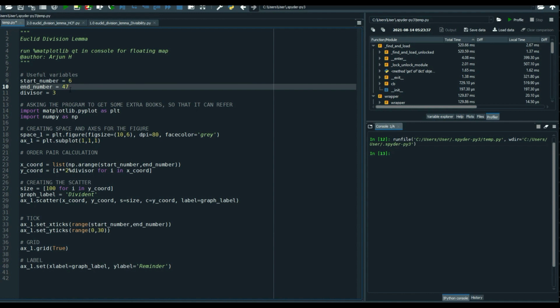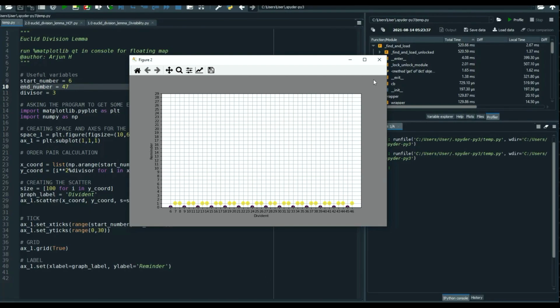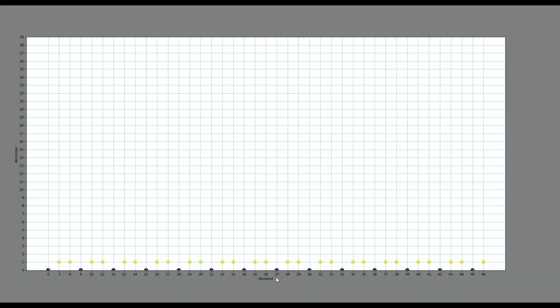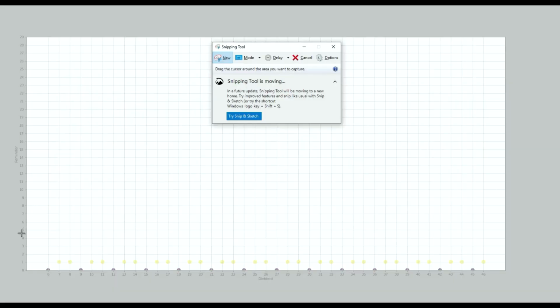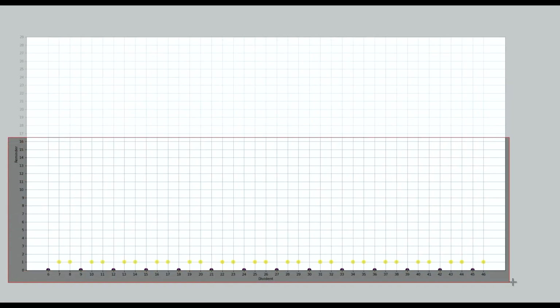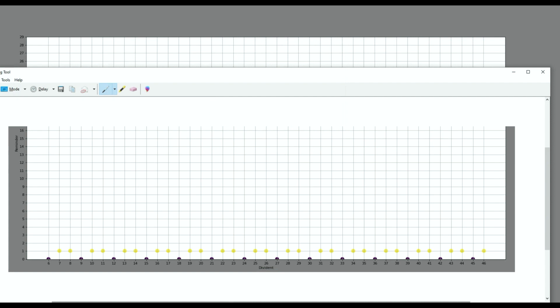I know I took an extra number; why is it so, and all of that you'll understand in coding. So let's look at the second graph, 6 to 46. Okay, so 6 squared is obviously divisible by 3, so we get a remainder of 0. But 7 squared gives a remainder of 1.